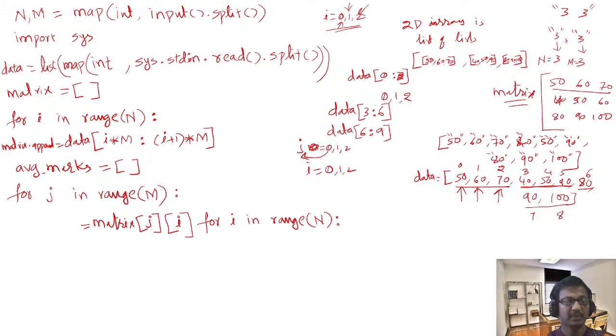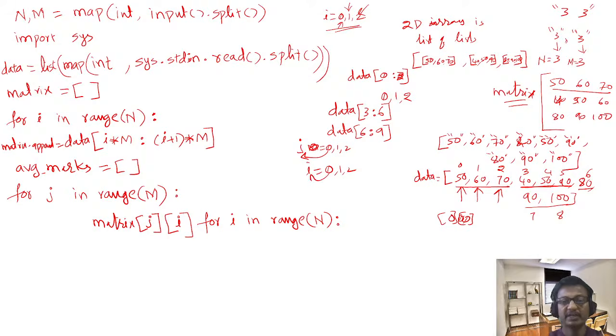Once you get matrix of 0 0, then for each column the matrix values you will get. Let me just erase this. Now let us understand what it supplies. When you write matrix of j i here, that means matrix of 0 0, first i value, i value is 0 here.